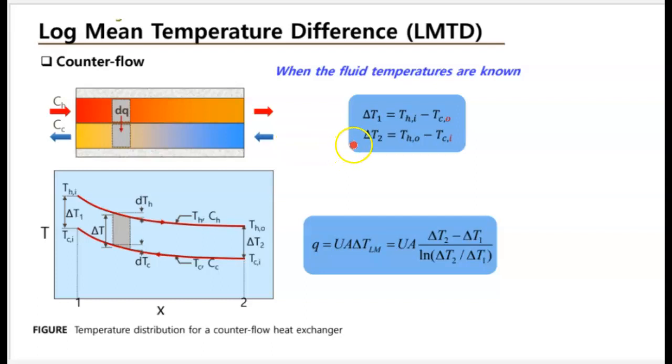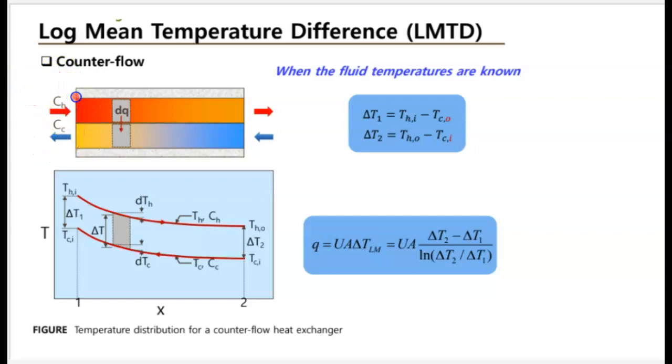Again, we can find the temperature difference 1. Temperature difference 1 is the temperature of the hot body at the inlet minus the temperature of the cold body at the outlet. Because this is my side 1, so delta T1 is going to be on this side.